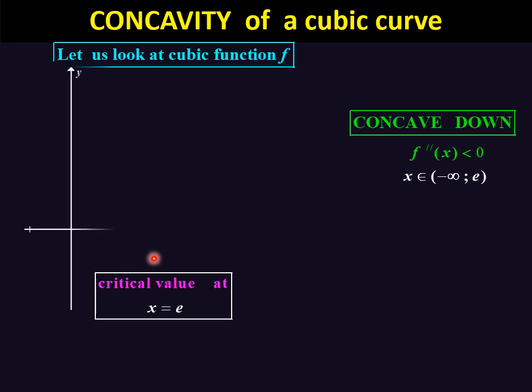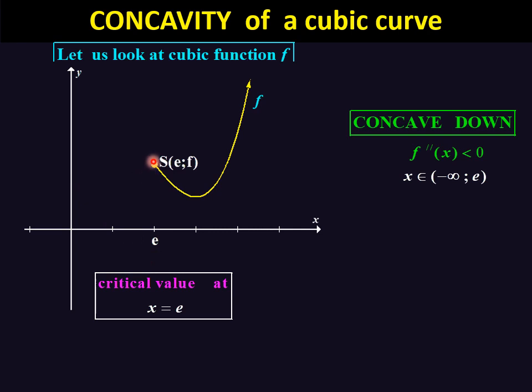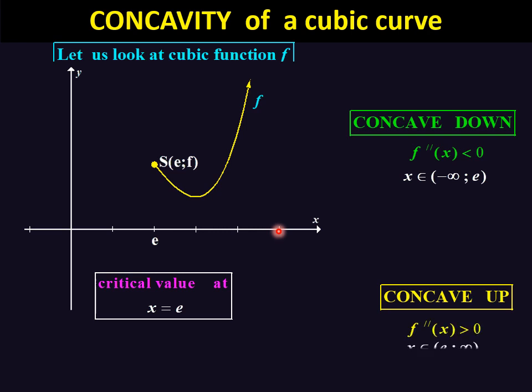Let's look at the other one. Now you can even see there, from the inflection it turned and it went up. So this type of curvature here is known as concave up. I'll let the arrow sort of assist you in determining the type of concavity. And you can see it's on the right side of the inflection point. So that is concave up, and it's concave up when the second derivative is greater than 0.